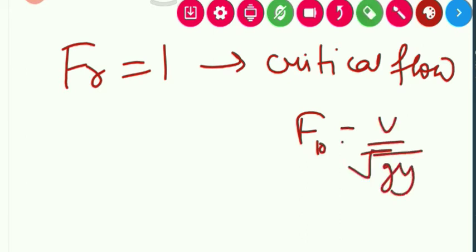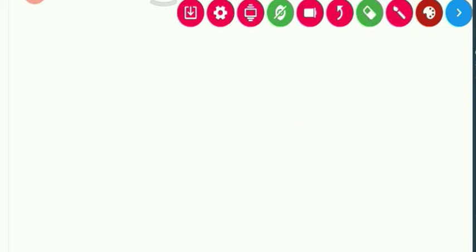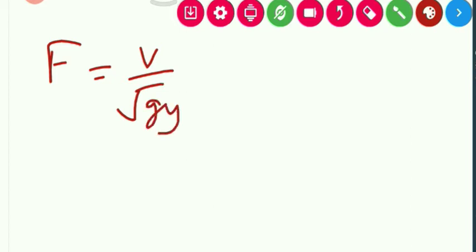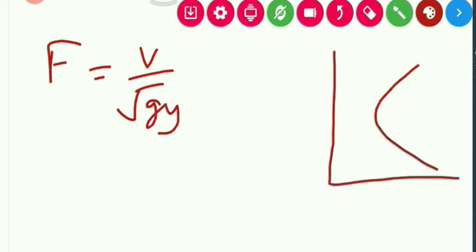From this formula, Fr equals V by under root gy. We have two values of depths which are Y1 and Y2, called alternate depths.